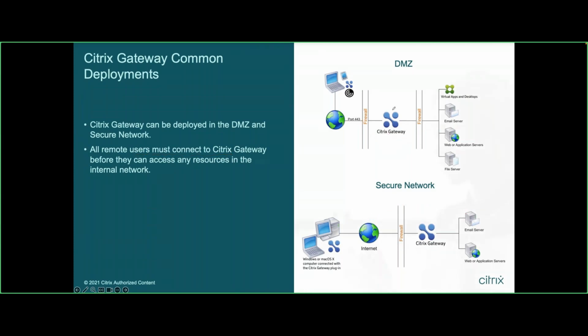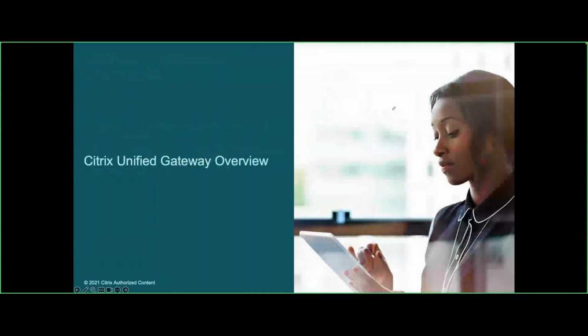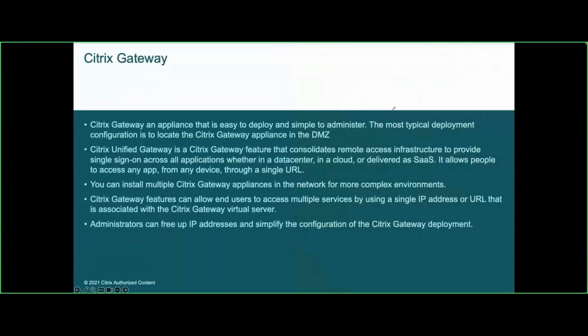So now let's look at your unified gateway. It is quite easy to deploy and very easy to administer as well. Most of the deployments that administrators do use the secure network, but the best practice is to deploy it in the DMZ.